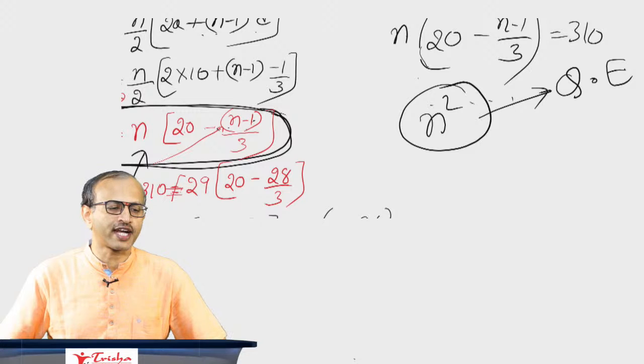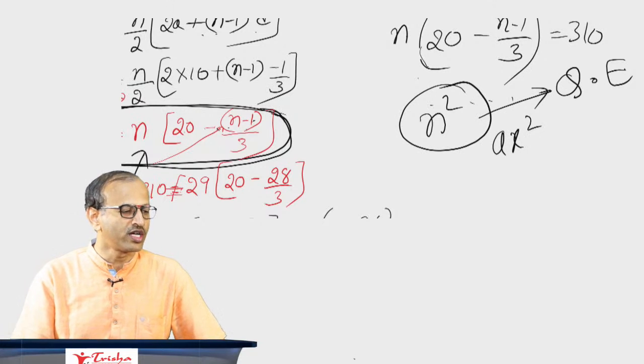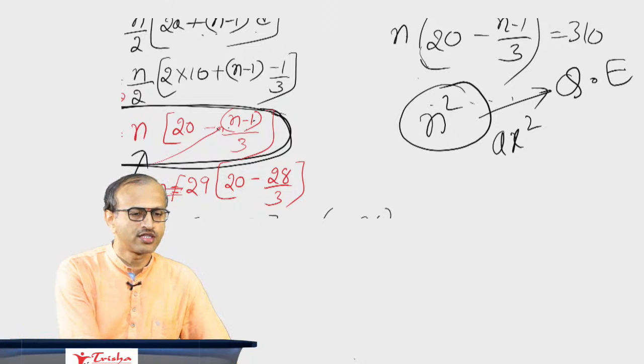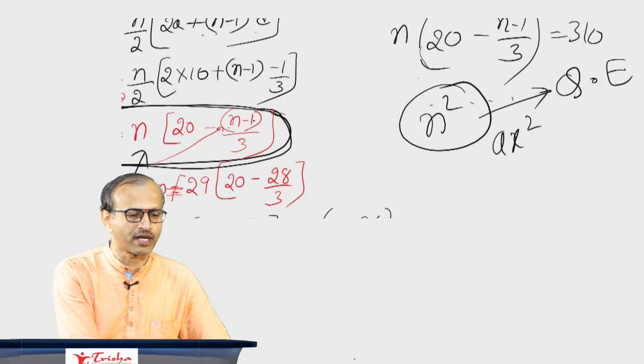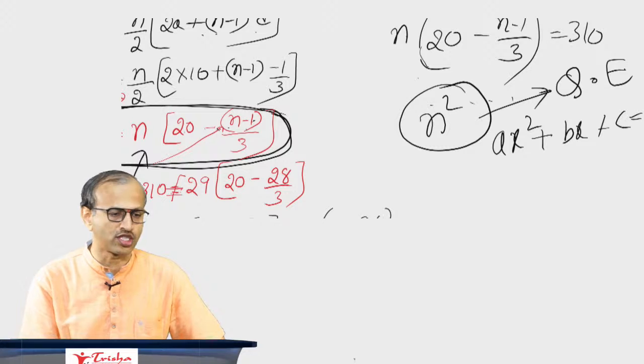Do you remember the standard form? It is ax square plus bx plus c is equal to 0.